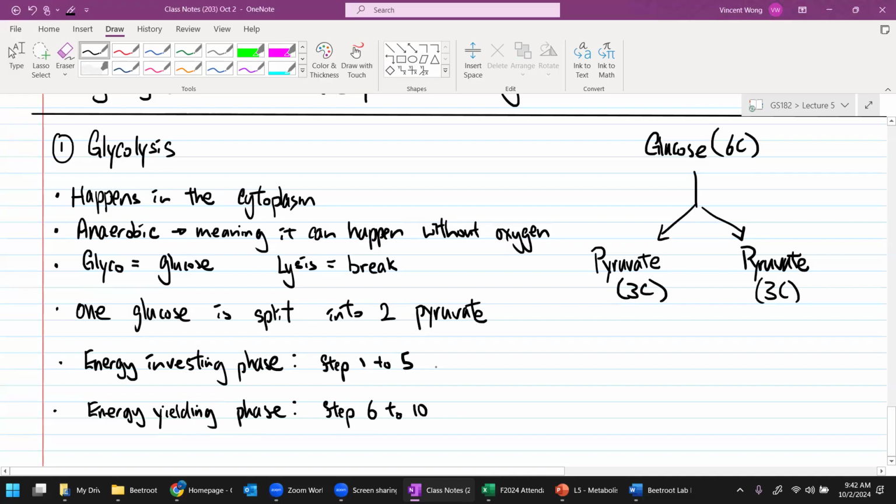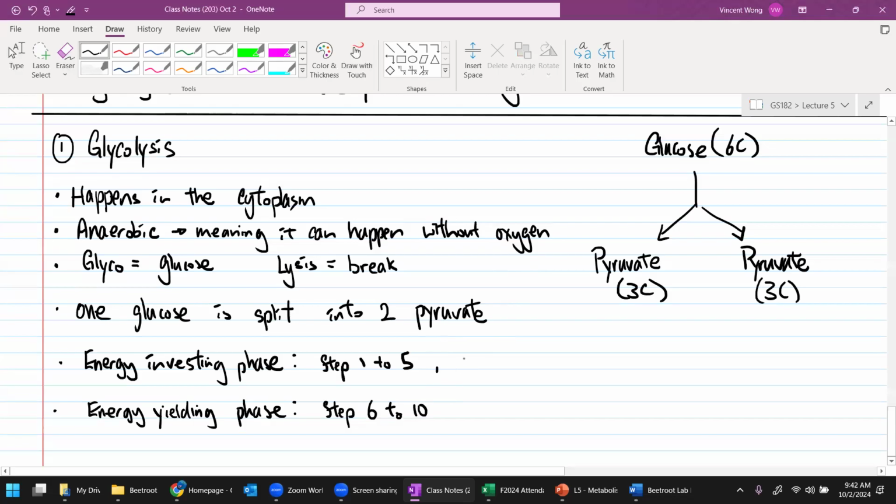You might have heard the phrase, it takes money to make money. If you put money in the bank, they pay you interest. You get more money from it, right? Okay. So that's what happens here. We cannot just make ATP without investing anything. In fact, in lecture 2, I showed you for a chemical reaction, you have to supply a little bit of energy, right? To begin before it can take place. And that's what happens here. In the first 5 steps of glycolysis, we are investing some energy.